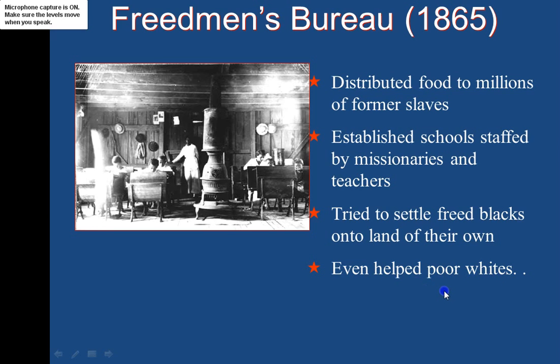Because I think the prevailing attitude is that you're helping people in poverty. You're helping people get back on their feet. And this is one of those things in American history that applies to all different people that might be downtrodden after the Civil War, especially in the South.